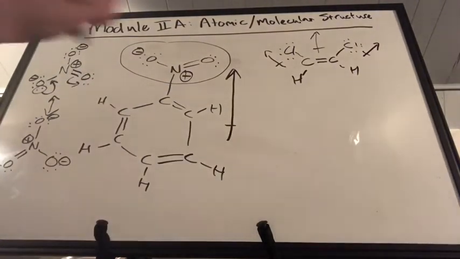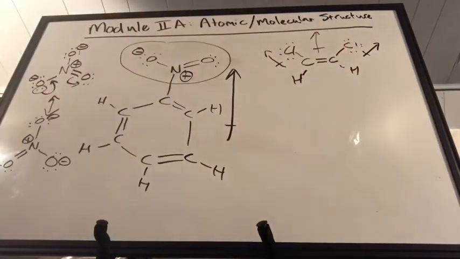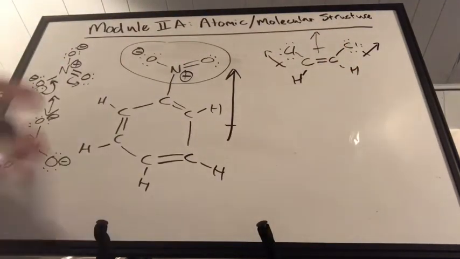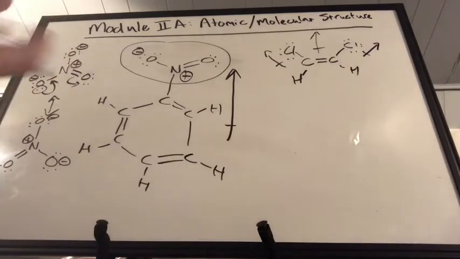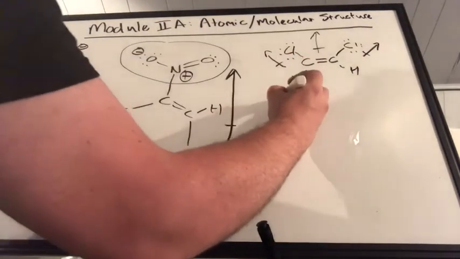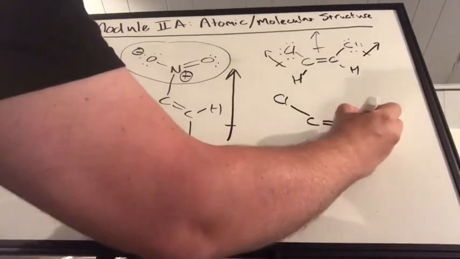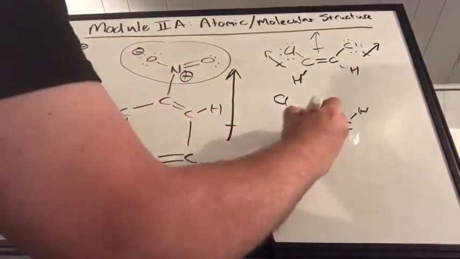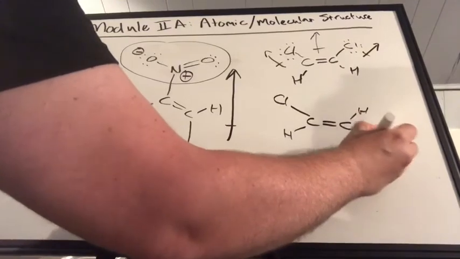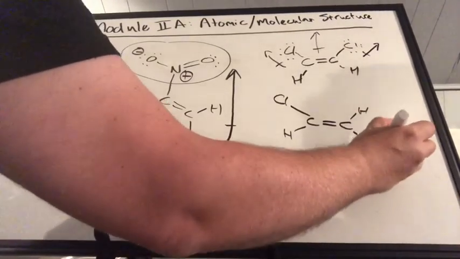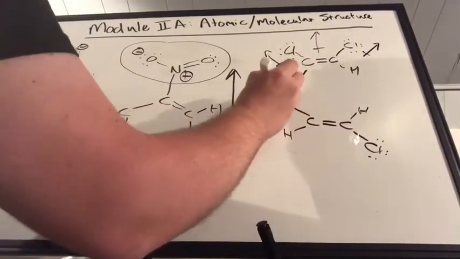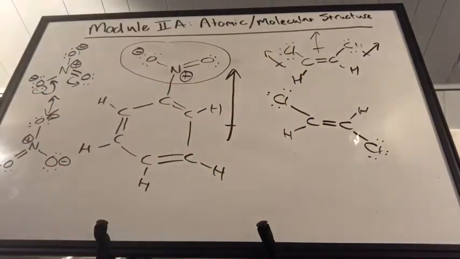Now, if you had a chloro group down here on the opposite end, you'd have a cancellation of a dipole and it would be net zero. So in other words, directional really kind of makes a difference here. So again, we're going to swap out where our chloro groups are relative to that pi bond, right?